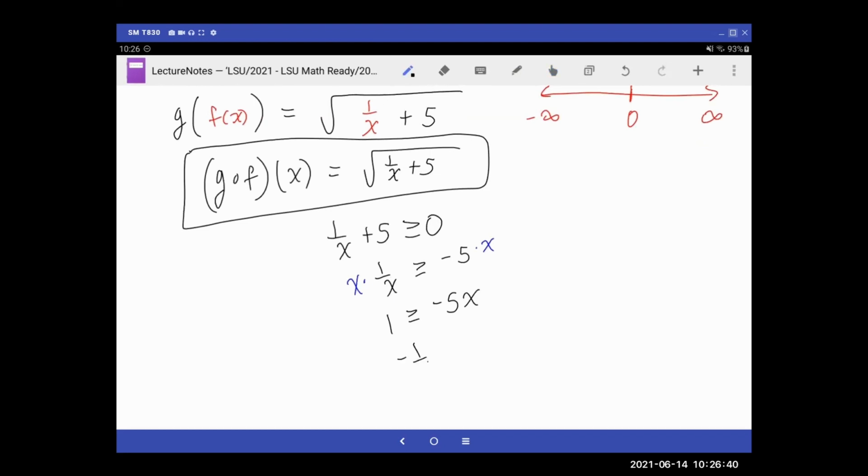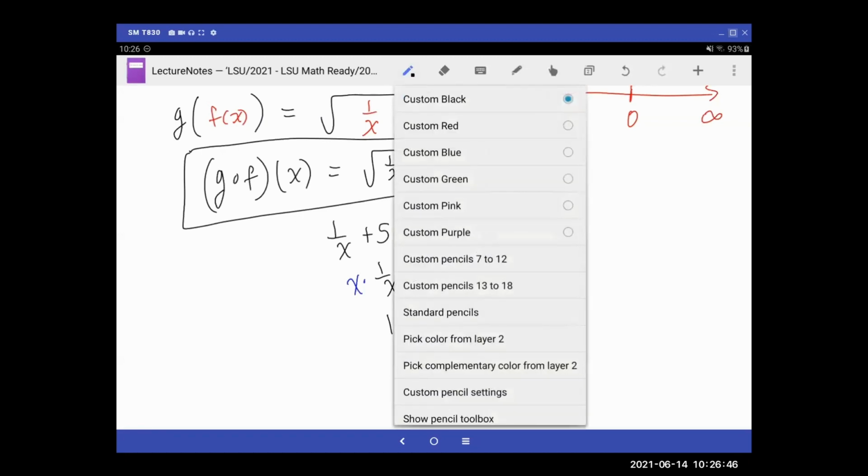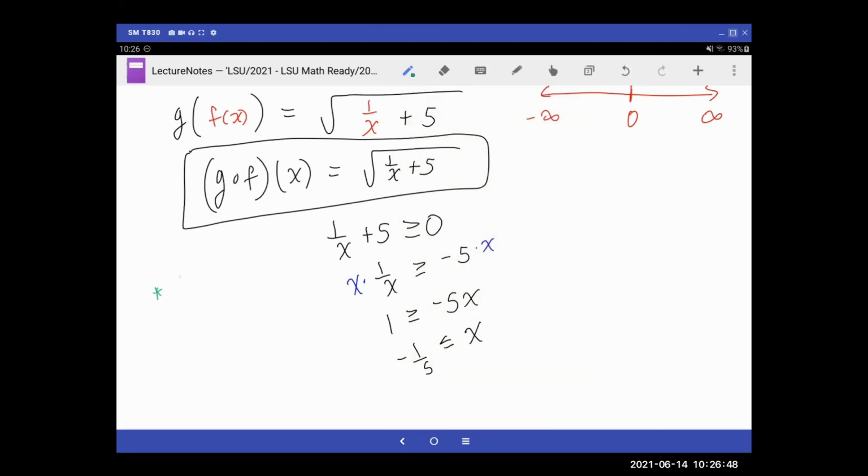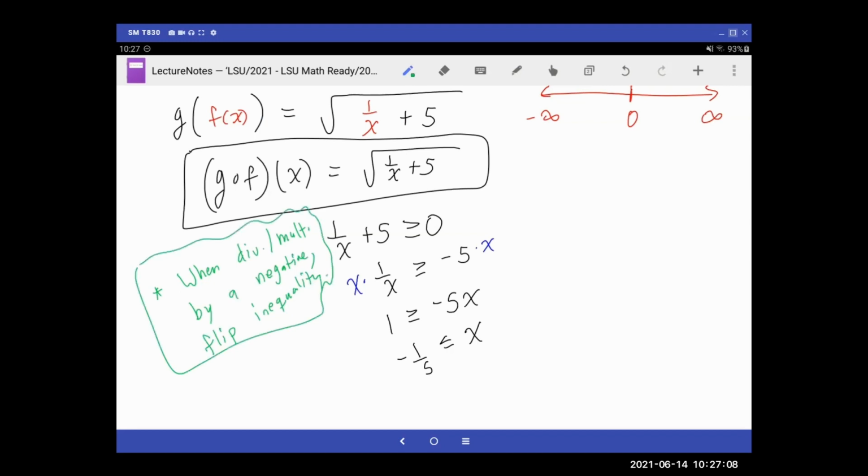So negative 1 over 5 is less than or equal to x. You all remember that rule, right? I'll make a little footnote: when dividing or multiplying by a negative, flip the inequality sign. You might want to remember that if you don't already.